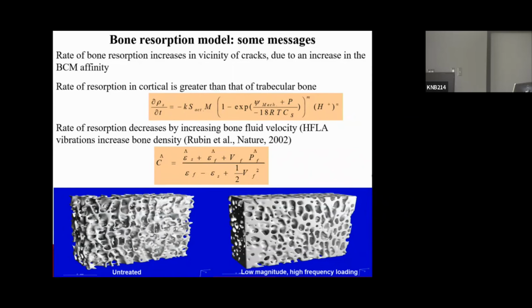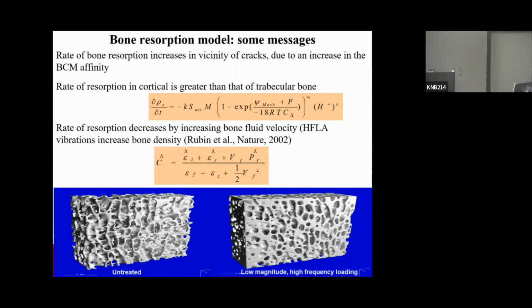This is based on the hypothesis which says that at the interface of matrix and void, we have bone lining cells. I didn't talk about bone lining cells, I apologize, it was not related to the scope of my talk. This is osteoclast, this is osteoblast, and this is bone lining cell.